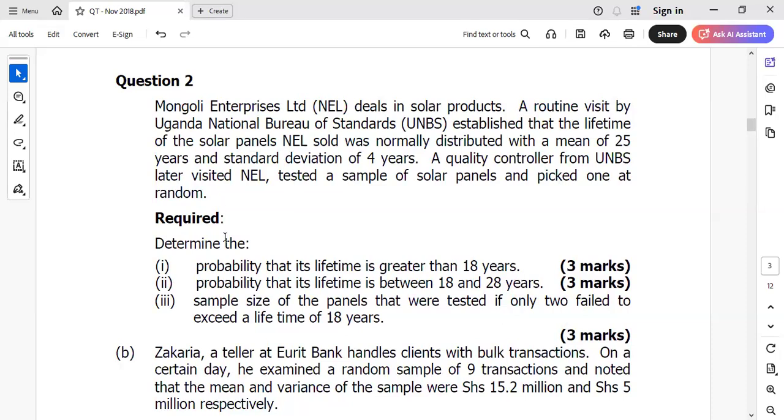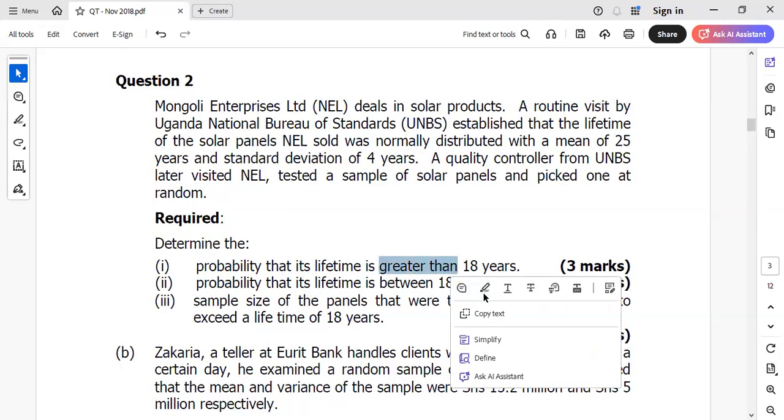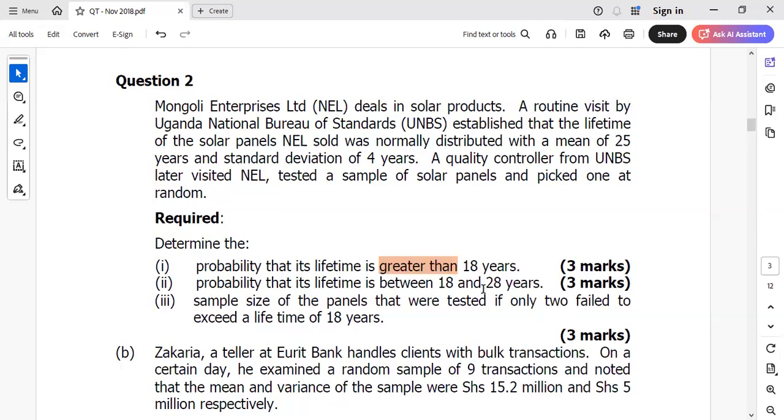Okay, what are we told? We are told to determine the probability that its life is greater than 18 years. What is the life we are talking about here?